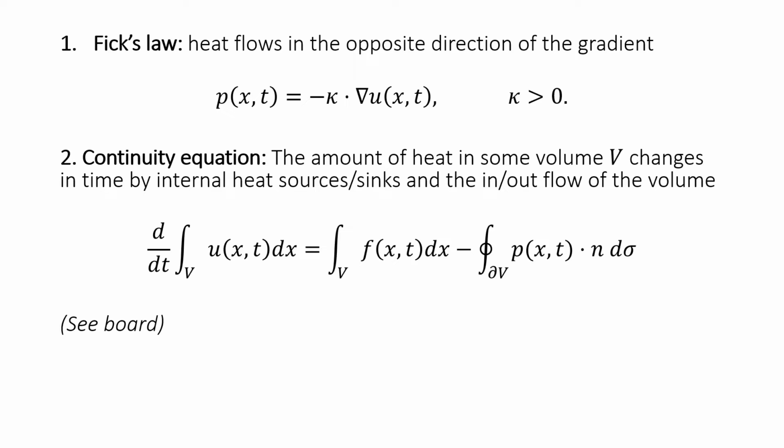In that context, kappa is just some parameter which describes material properties. Generally speaking, kappa can be thought of as heat conductivity. So Fick's law tells us that the flow of heat is in the opposite direction of the gradient, proportional to some material parameter, which we denote by kappa.